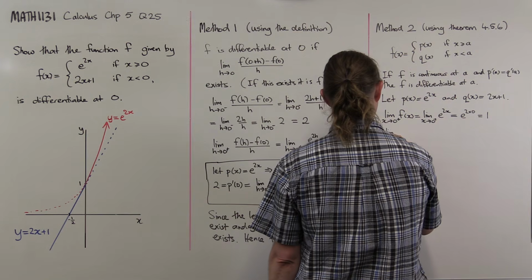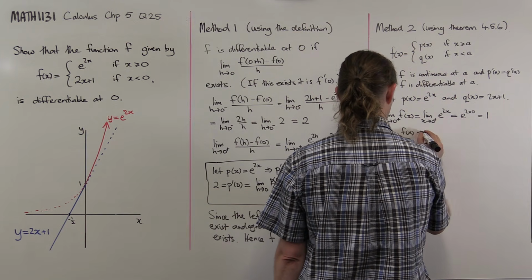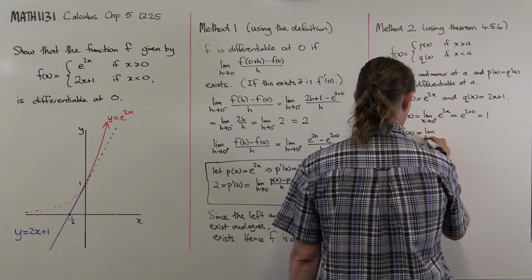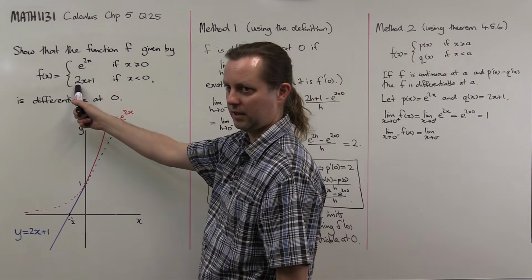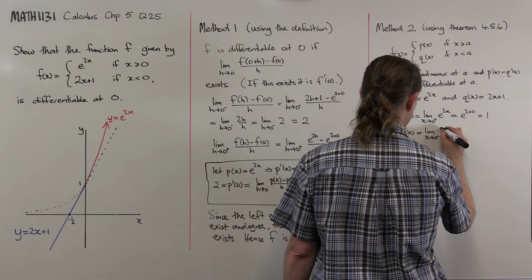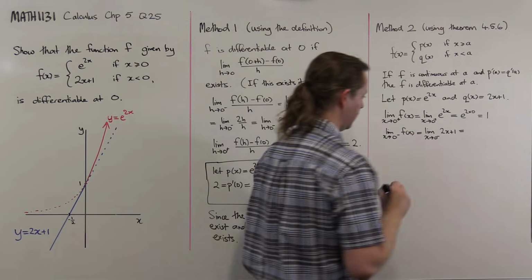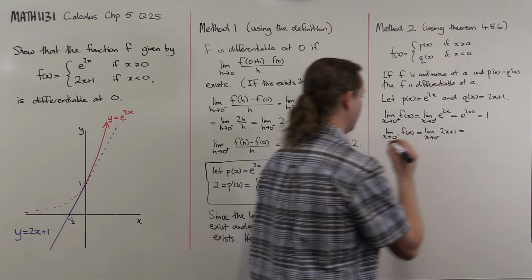Okay, the limit from the left. For x less than 0, f of x is 2x plus 1. And this is a polynomial, it's continuous, and so we can just substitute in the value.